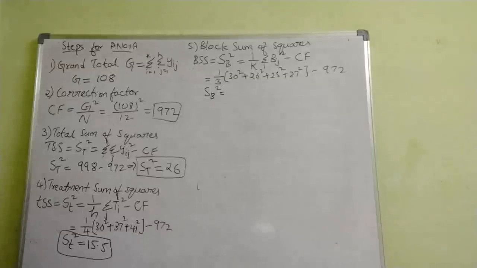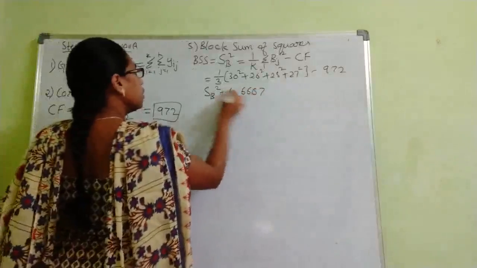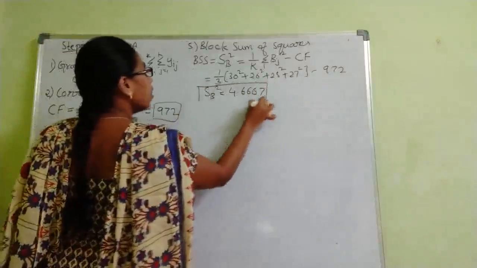So we get the block sum of squares as 4.667. So this is block sum of squares.